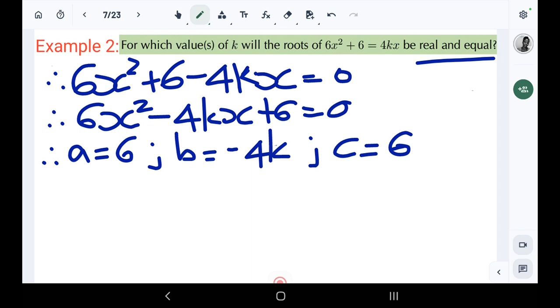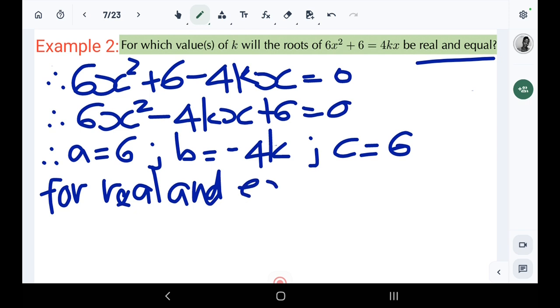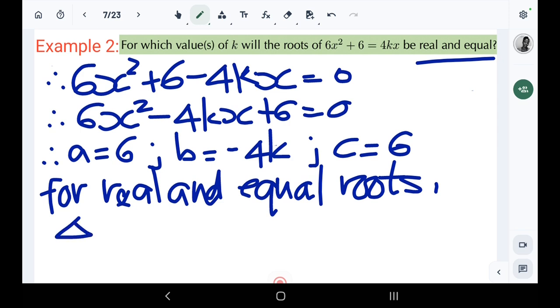Now, for real and equal roots, delta, the discriminant, which is b squared minus 4ac, must be greater than or equal to 0.